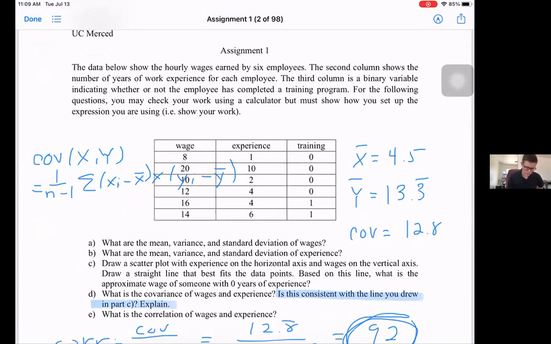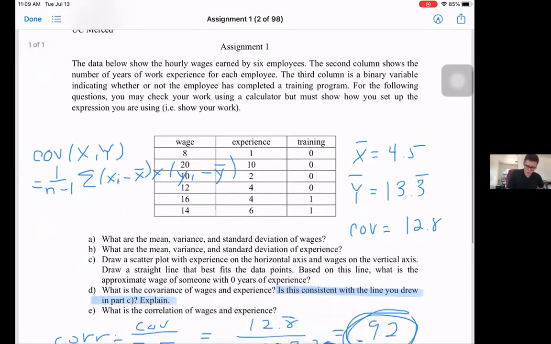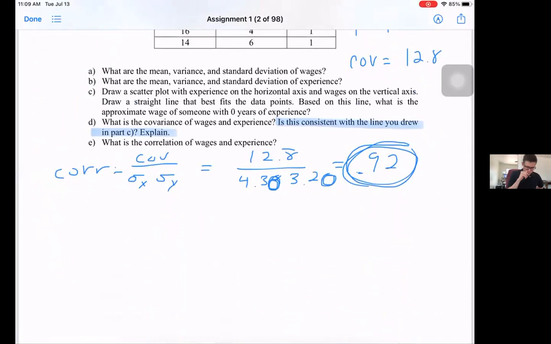So I think you have everything that you need. Are there any questions on the homework? Any questions about this calculation or the calculations before it? No?